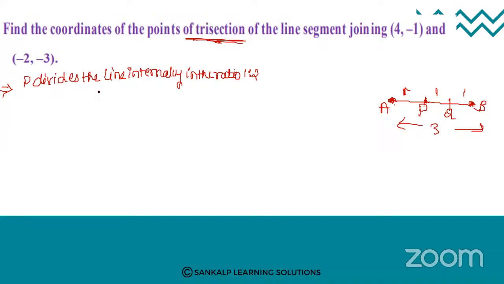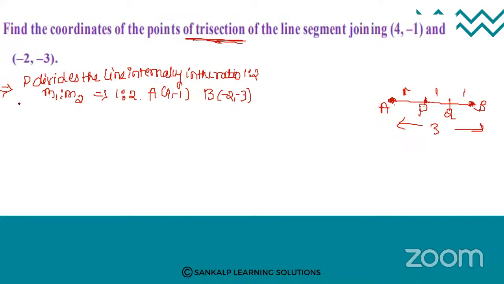Right, 1:2. That means here 1:2 is M1:M2. We are getting M1 value is 1 and M2 value is 2. A value is 4, -1 and B value is -2, -3. That means this is x1 y1 and this is x2 y2.